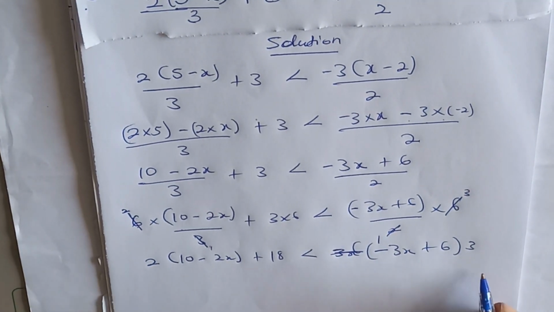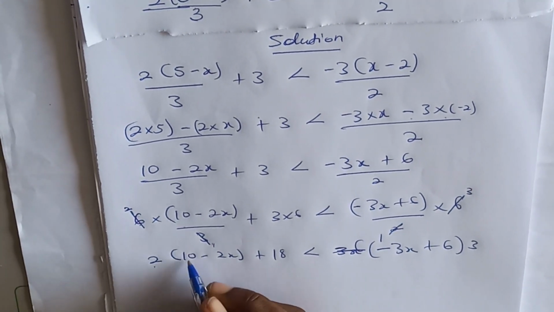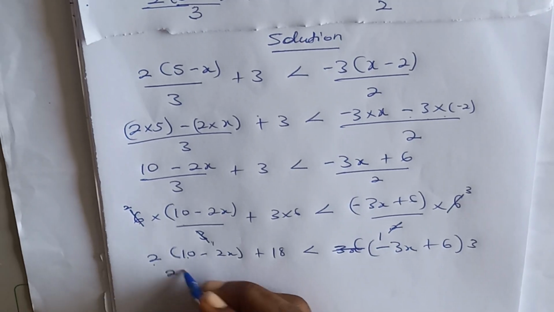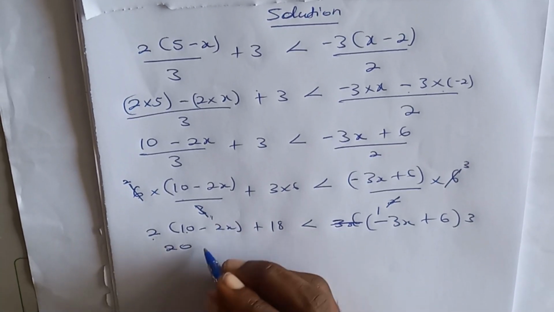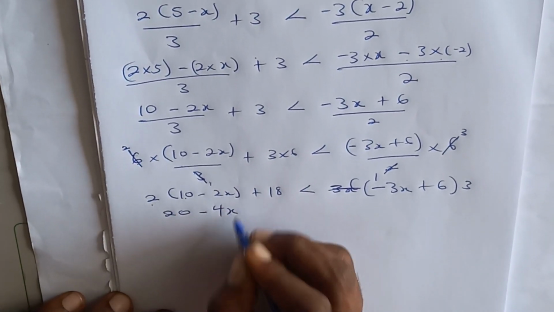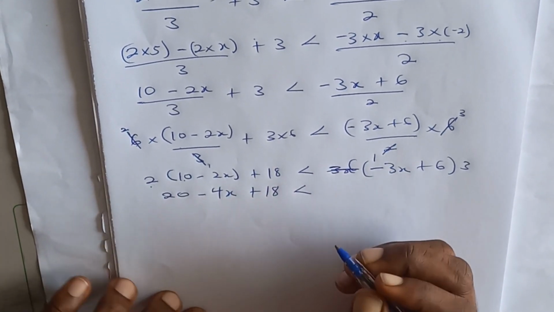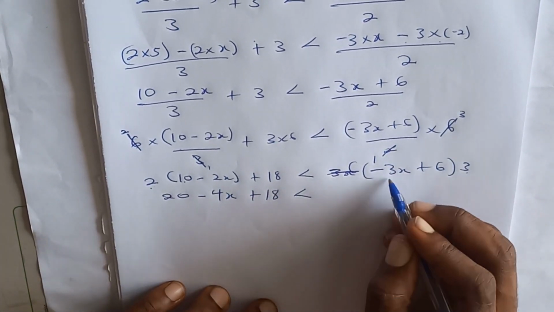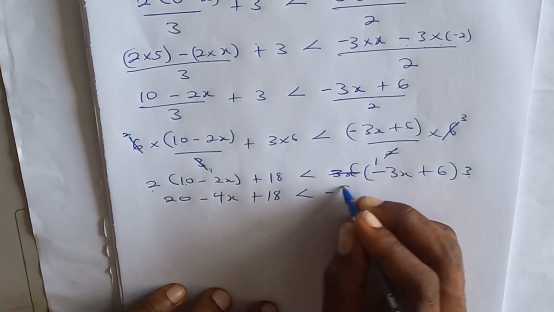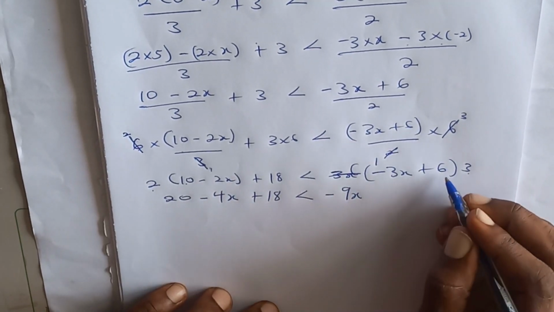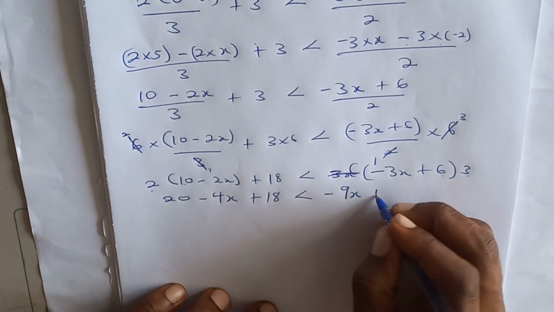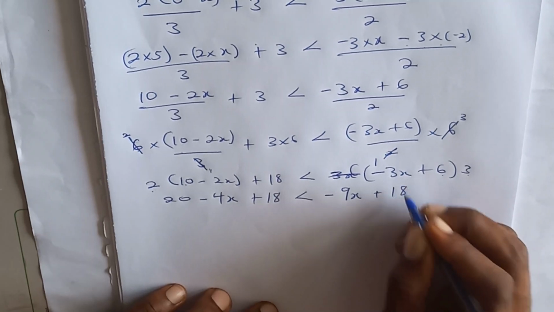So to simplify this, we get 2 times 10 is 20, 2 times negative 2x, we get negative 4x, plus 18, less than 3 times negative 3x, we get negative 9x, 3 times 6 is positive 18.